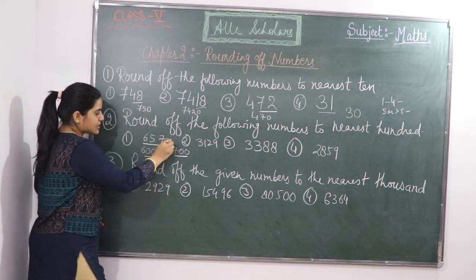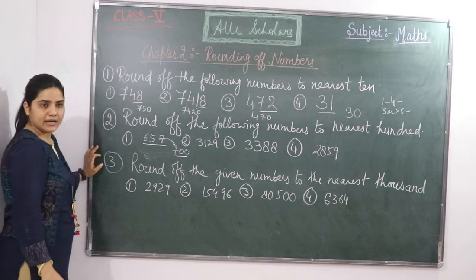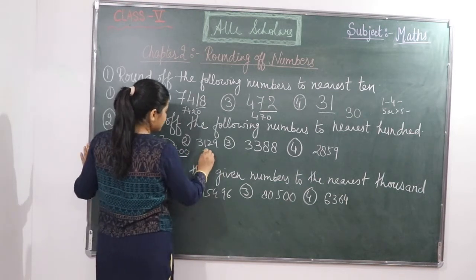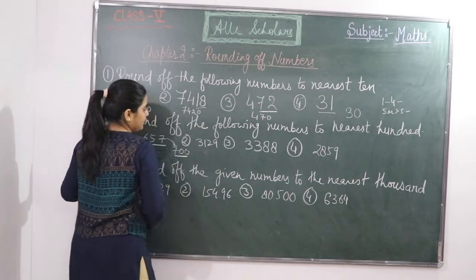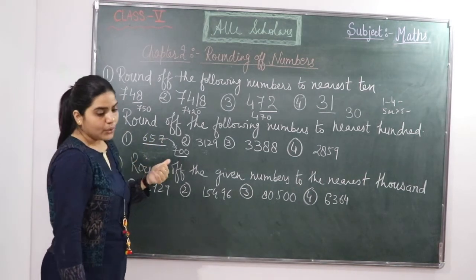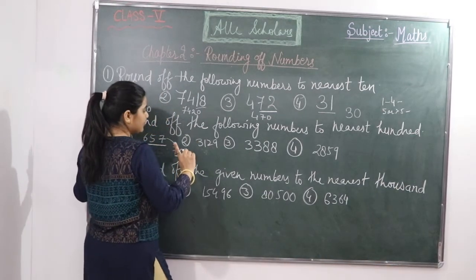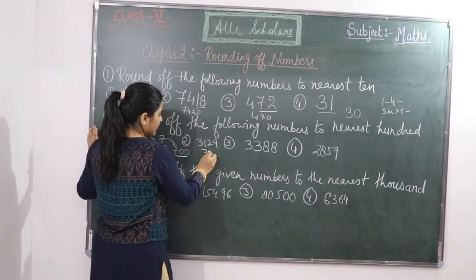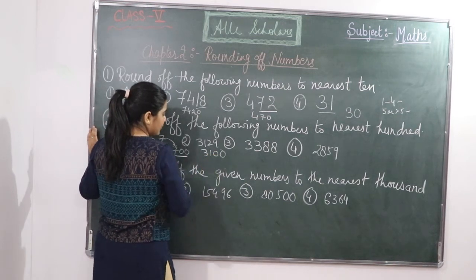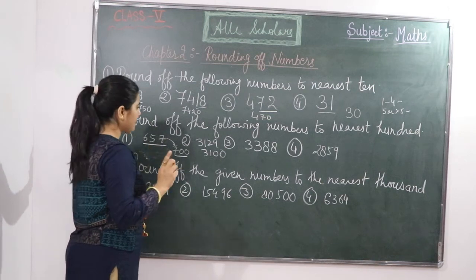So the answer is 700. Next comes 3129. This number is nearest to 3100. If we go for 3200, it will be far away.